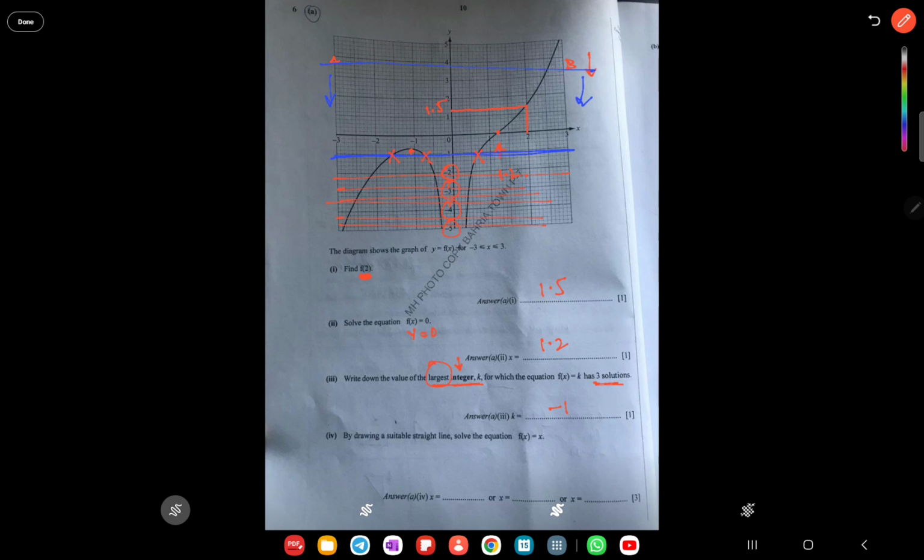which has three solutions. Then the next part: by drawing a suitable straight line, solve the equation f of x equals x. When f of x equals x, this means you have points where x and y are equal: 1, 1; 2, 2; sorry, this is not the one; it's going to be 3, 3 as well.